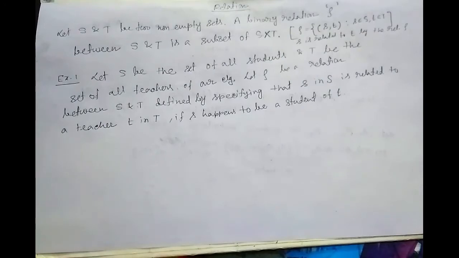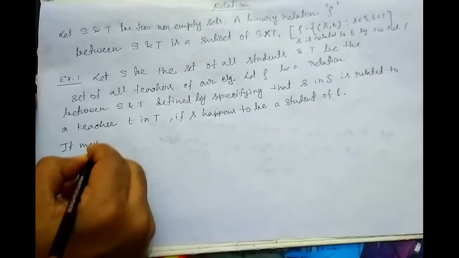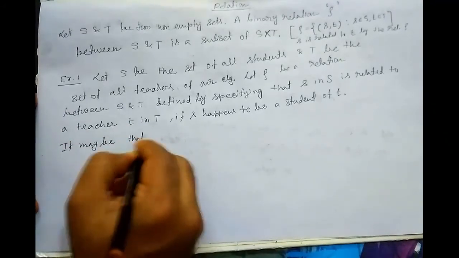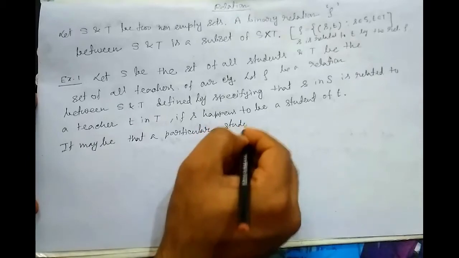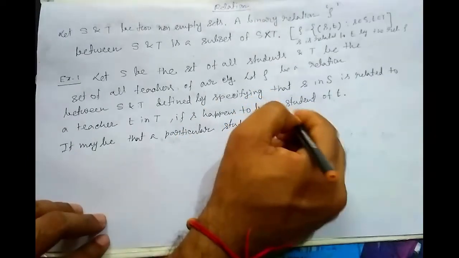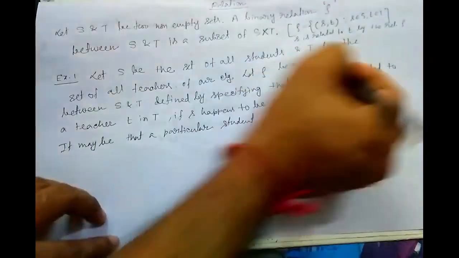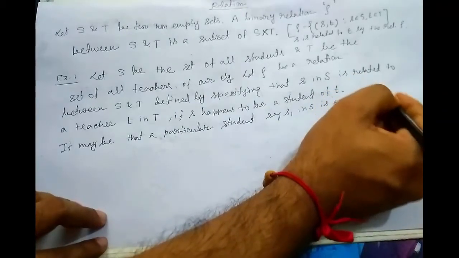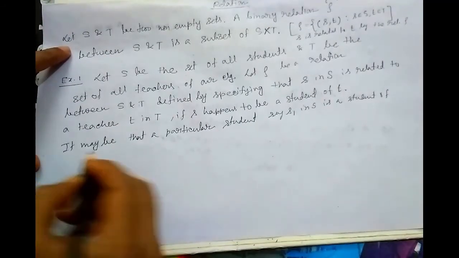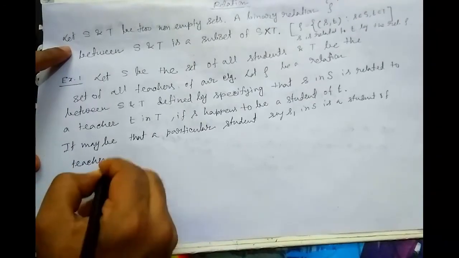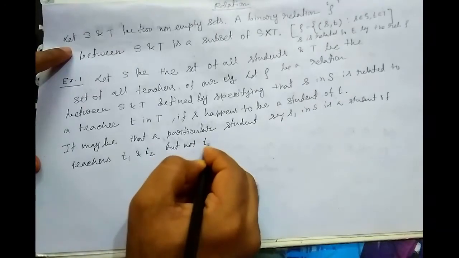Okay, so it may be that a particular student, say s1 in S, is a student of teachers t1 and t2, but not t3.